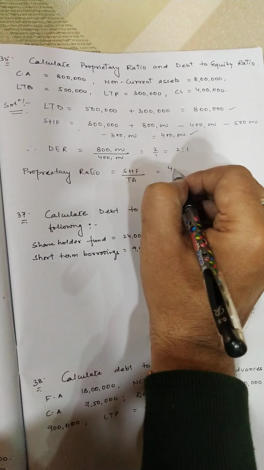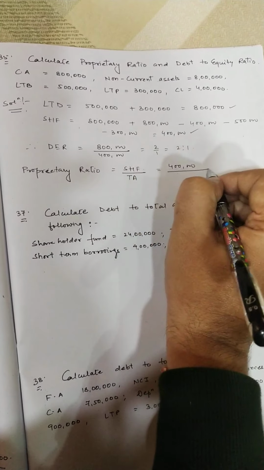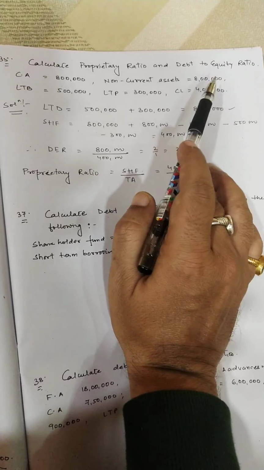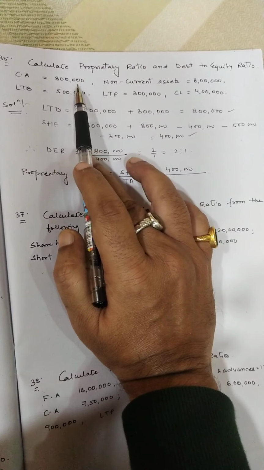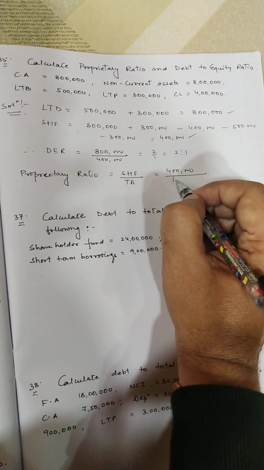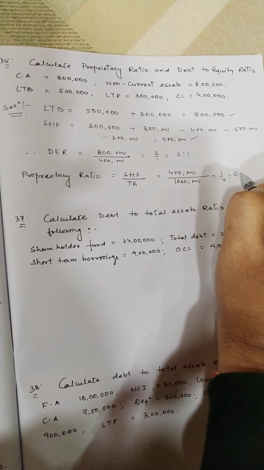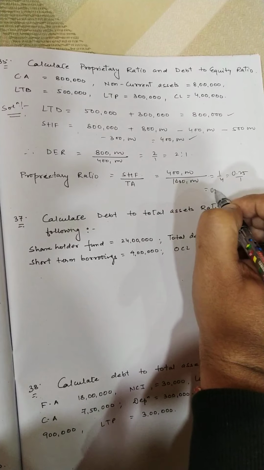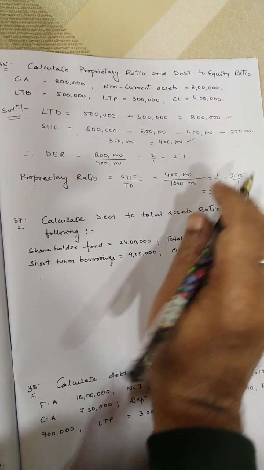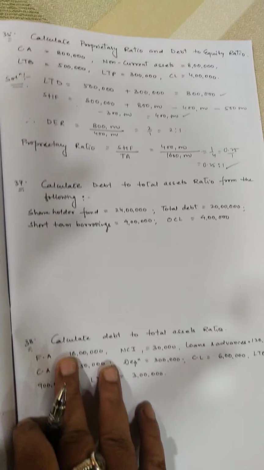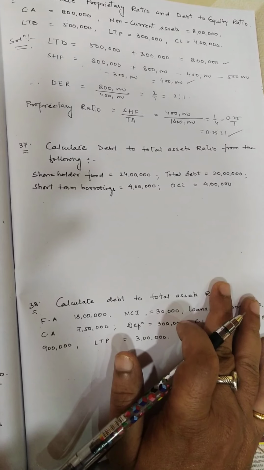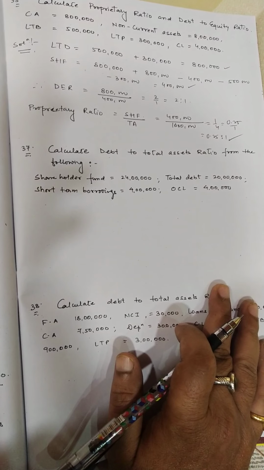SHF is 4 lakh, and your total asset means non-current assets and current assets, that is 16 lakh. That is 1/4, 0.25 by 1, that is 0.25:1.